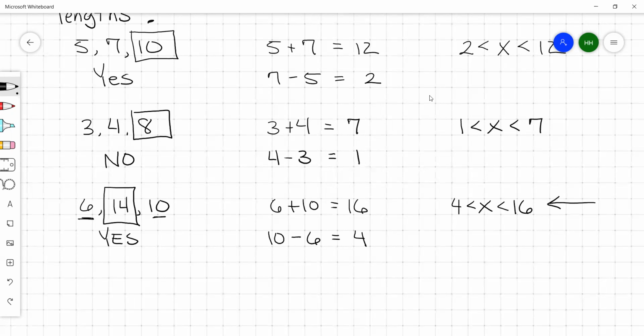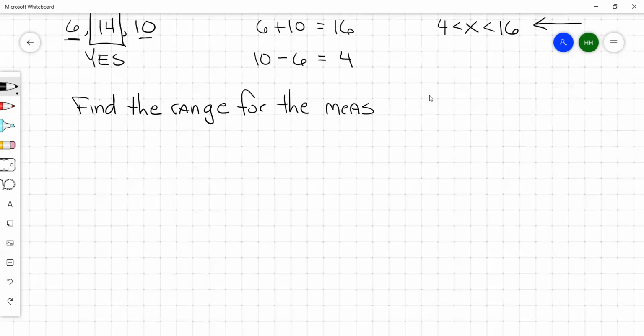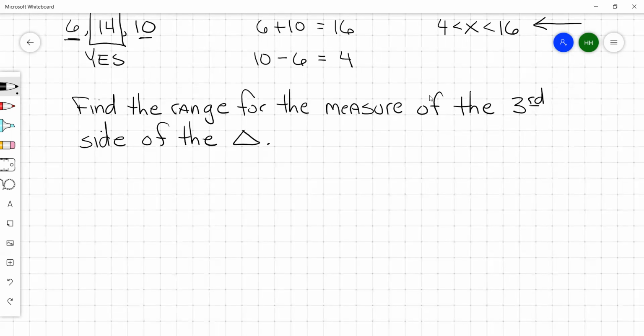So now we are going to find the range for the measure of the third side of the triangle. And you're going to be given 2 of the sides.